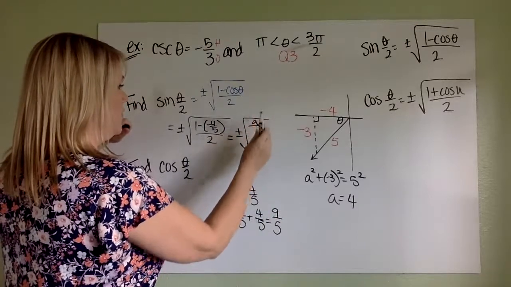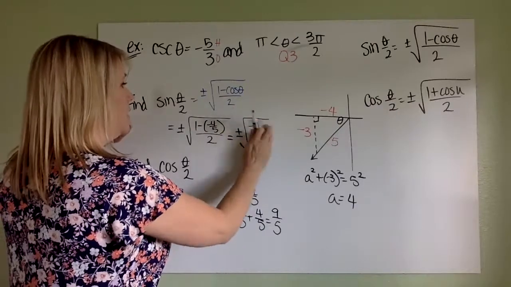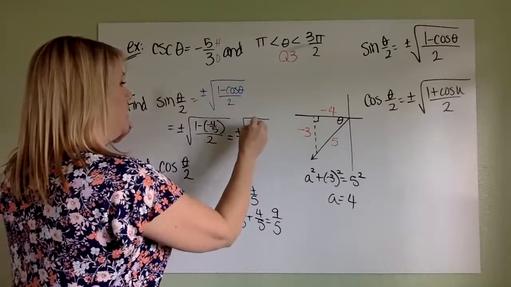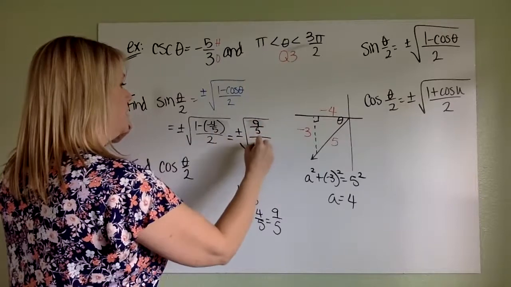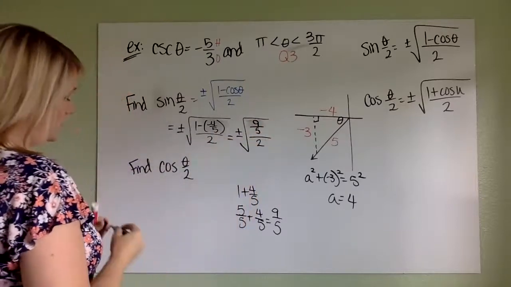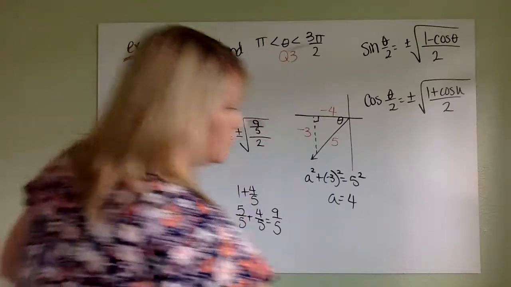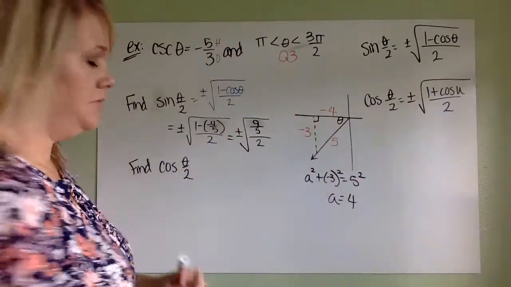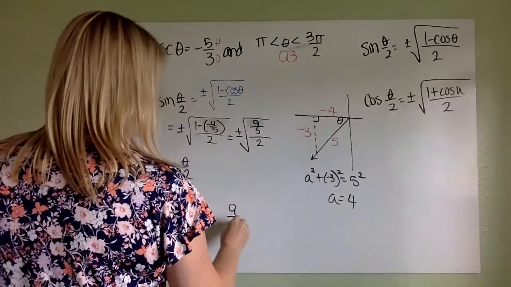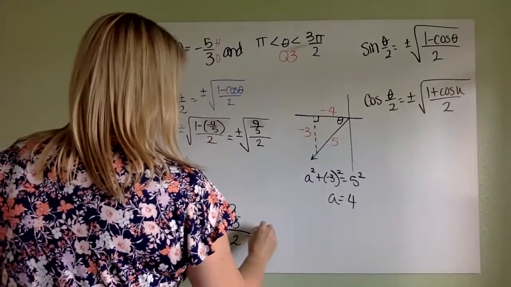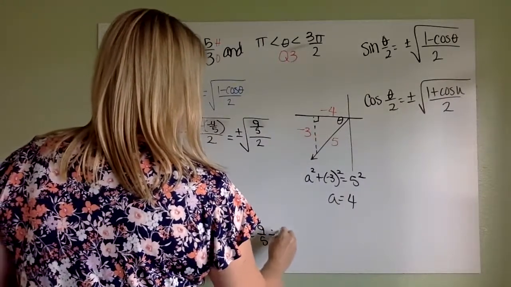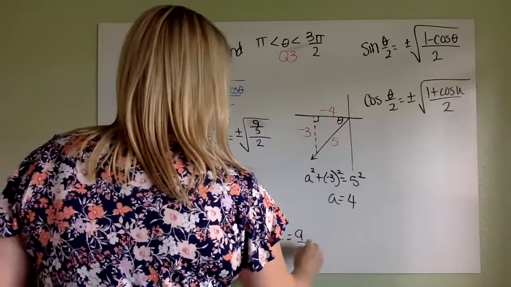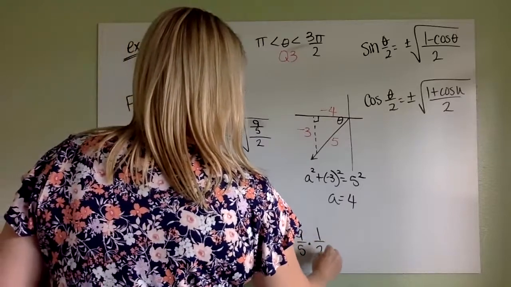So we end up with 9/5 divided by 2. And so then again, some scratch work on the side. 9/5 divided by 2 is the same as 9/5 times 1/2.